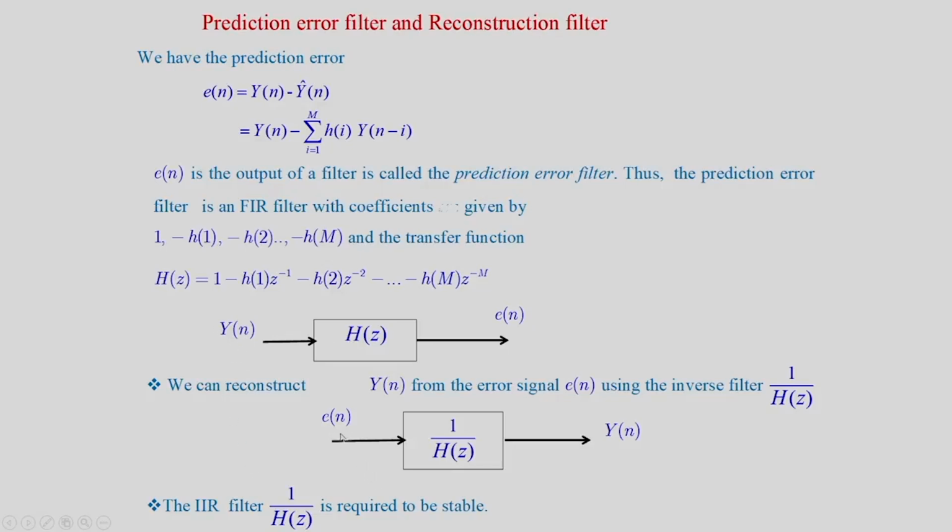This is the reconstruction filter. The IIR filter 1 by H(z) is required to be stable. So, we have to impose a condition on H(z) so that 1 by H(z) is stable.